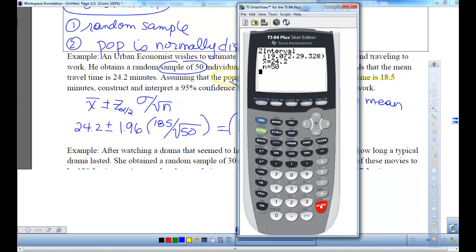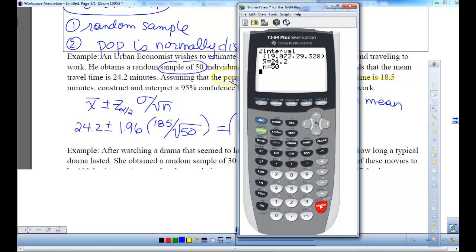So it's just a matter really of deciding what to do. And we decided to do a Z interval because, first of all, we knew the population standard deviation and we have a sample size that's more than 30. Well, let me step back.